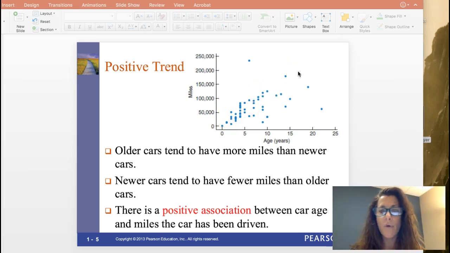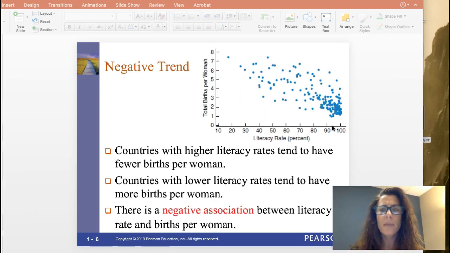There are exceptions to that, of course. Here's a car that was not driven much. It's probably someone's extra car, or it could be one of their special cars that they don't like to drive. But generally speaking, you would expect to be a positive correlation or association.